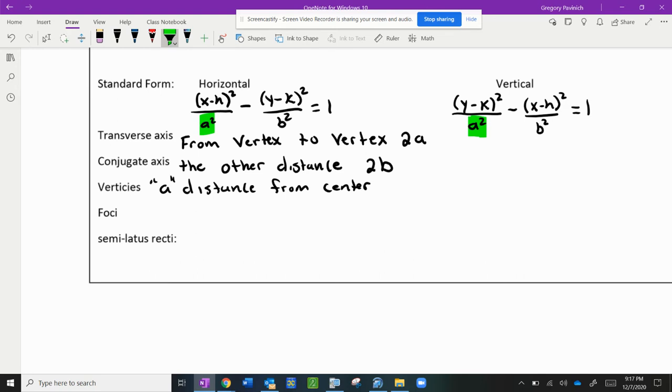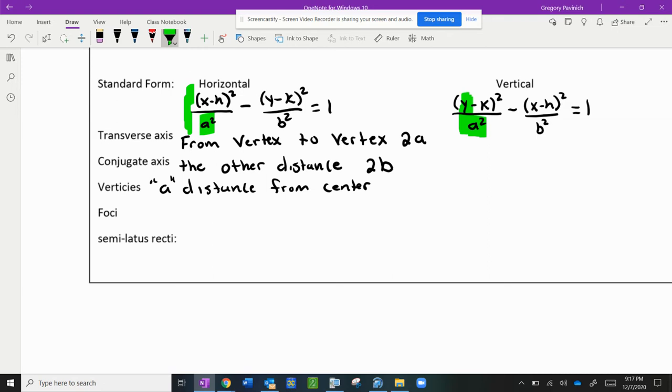So notice that a squared is the distance from the center in the x direction, and it's going to open horizontally because the x comes first. On the vertical, notice over here it's under the y, and so it would be the distance I travel vertically. So it depends what variable you're underneath.